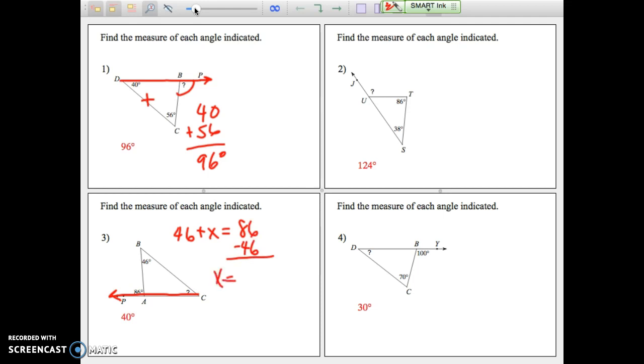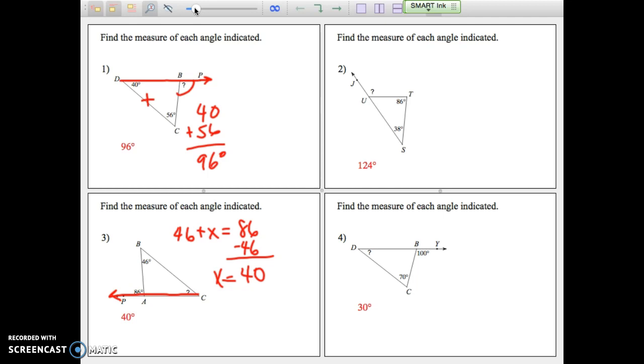And so I get x equals 40, because 40 plus 46 gives me 86, which is the exterior angle. So you should have no problems doing numbers 2 and 4. This is just with numbers so that you can get an idea of what it looks like.